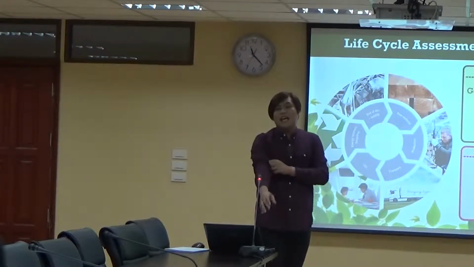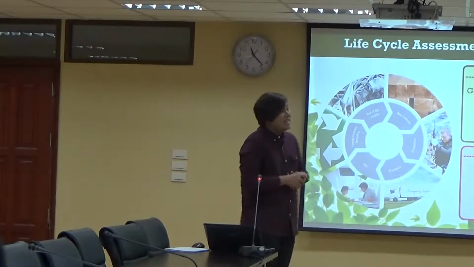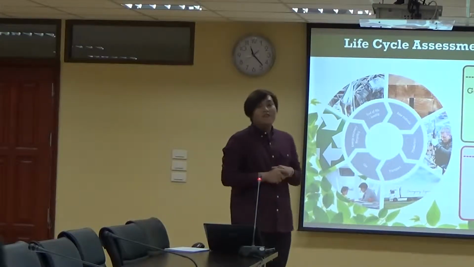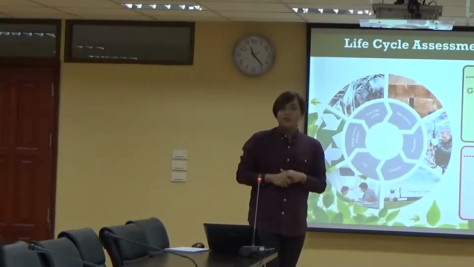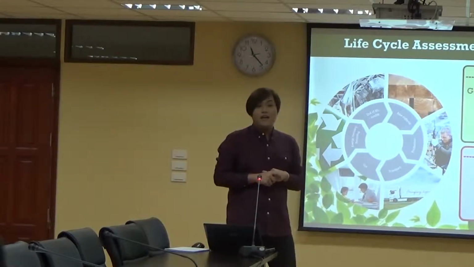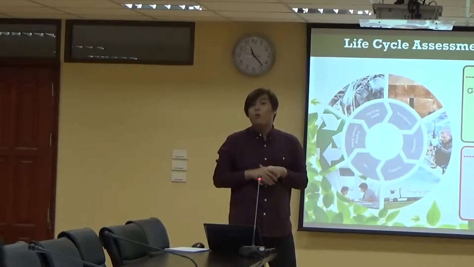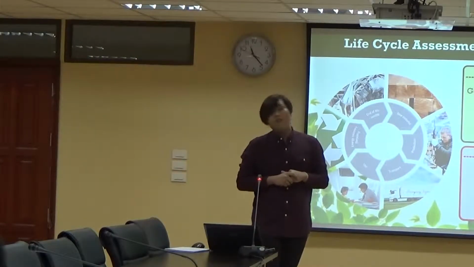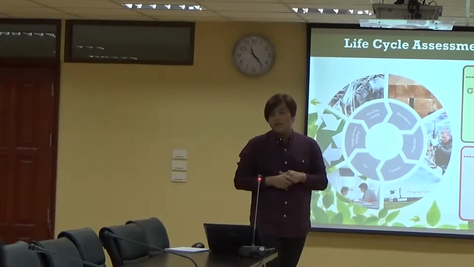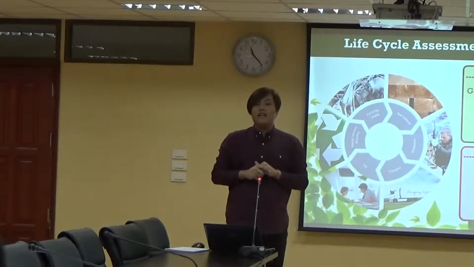The first one is LCA. You can see this picture. The life cycle assessment is the method that is used to analyze the effect of production or service in the whole process. The step of LCA has 4 steps. The first one is goal and scope definition.